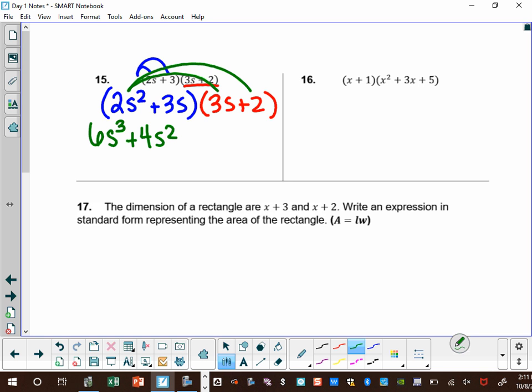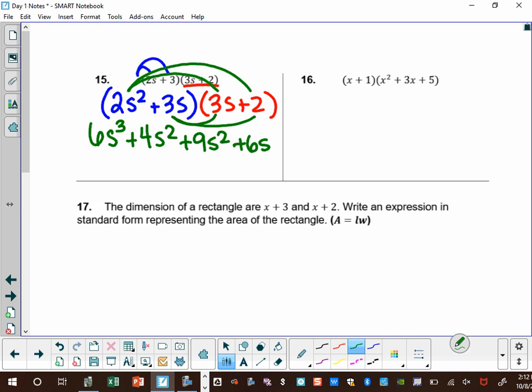If we distribute the bottom, 3s times 3s gives me what? 9s squared. And then 3s times 2 gives me 6, and my letters are just s.